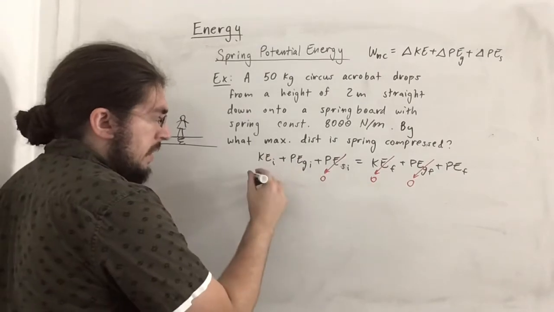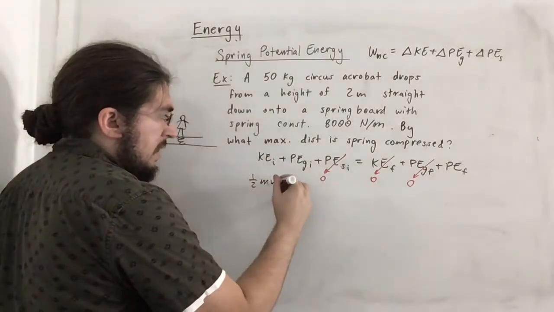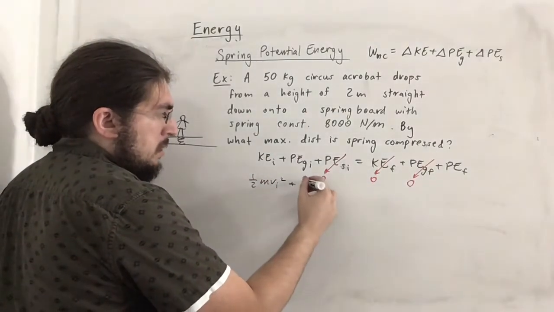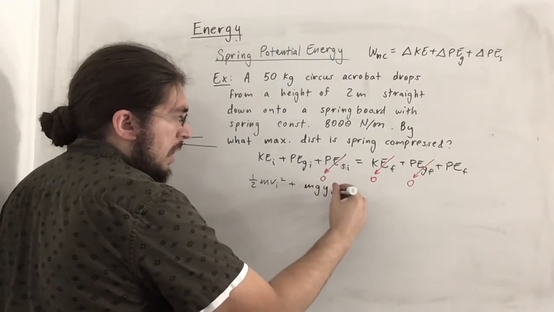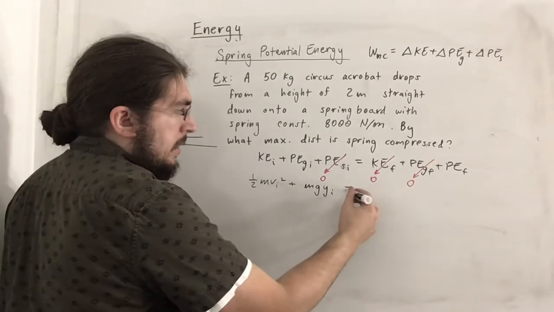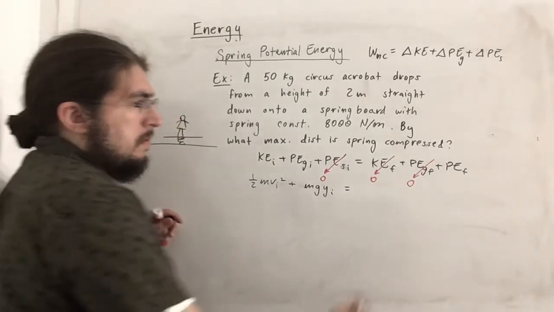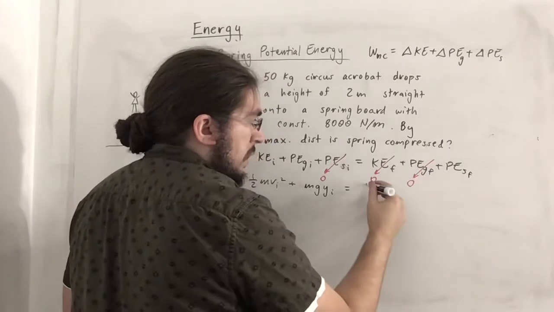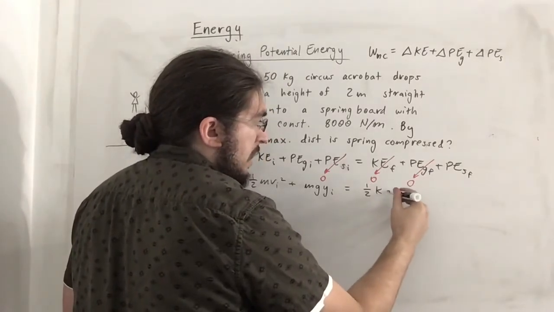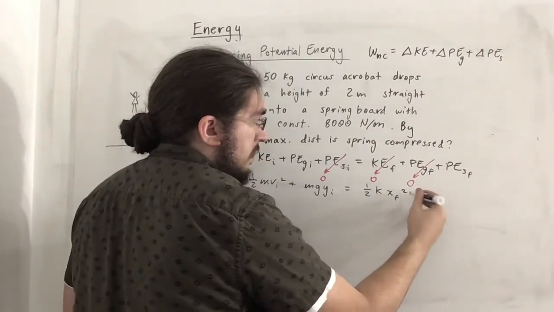Notice kinetic energy is 1/2 mvi squared. Potential energy is mgyi, and this should be psf. There we go. And that's 1/2 kxf squared.